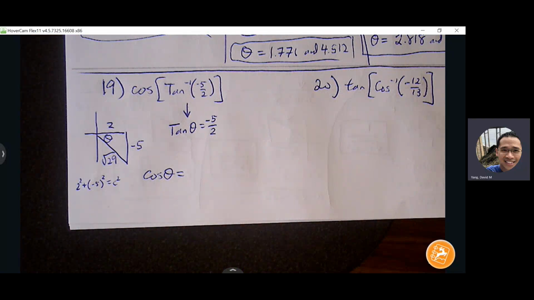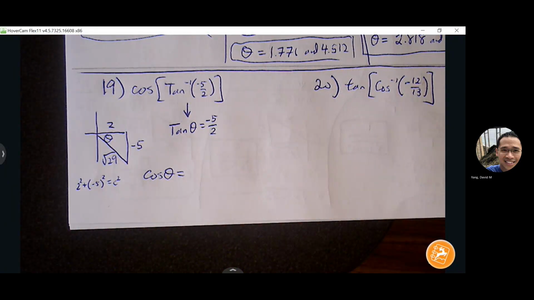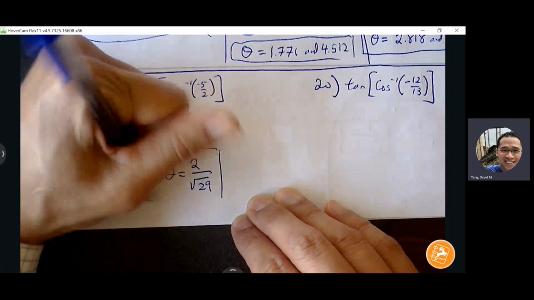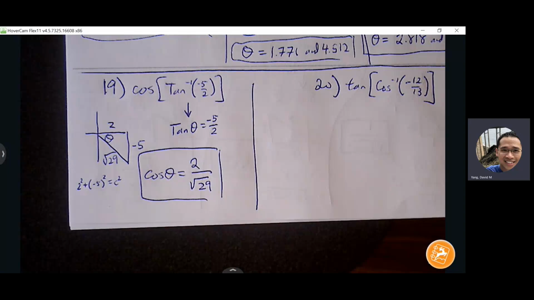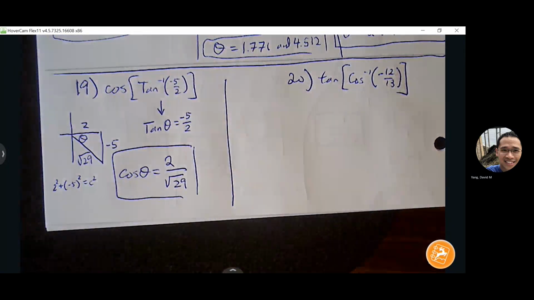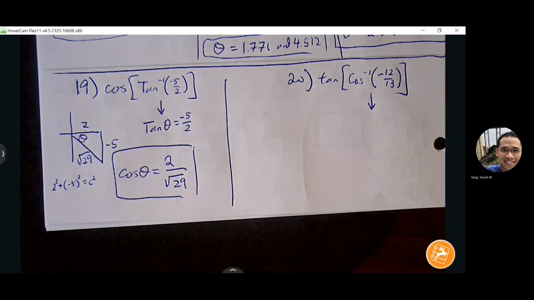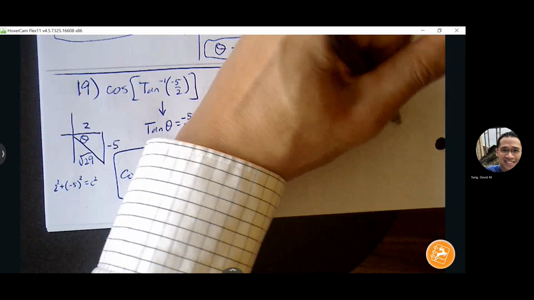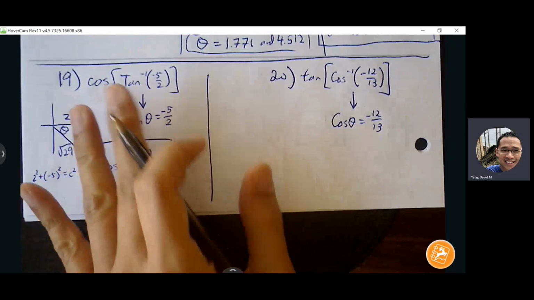Cosine of theta is... yeah, you don't have to rationalize the denominator if you don't want to. I'll accept either way. So is there like a calculator portion? No, I'm just going to give you a calculator for just 5 questions tomorrow. Okay, cosine theta equals negative 12 over 13.